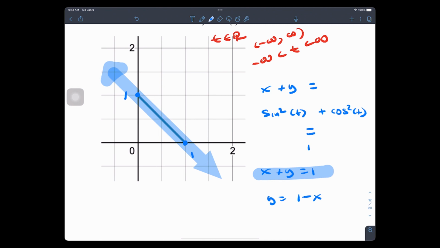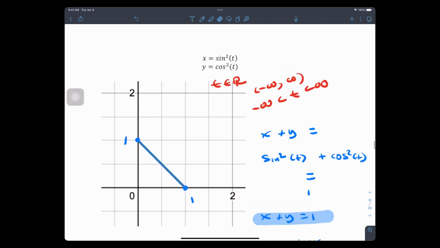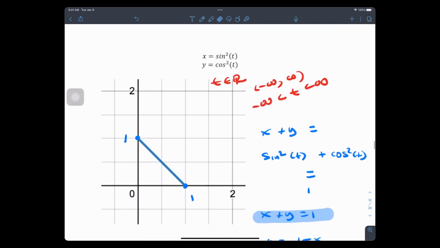But this is a line segment. It's not a line. So if I said to you, that's where it came from, but it's a line segment, x is sine squared, y is cosine squared, t is any real number. How do I talk about the orientation? T is any real number.